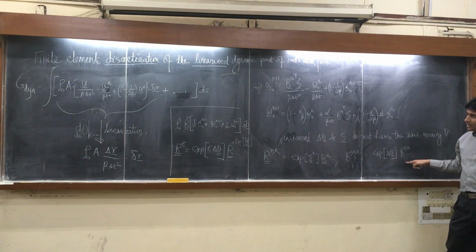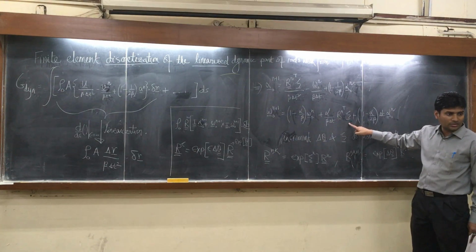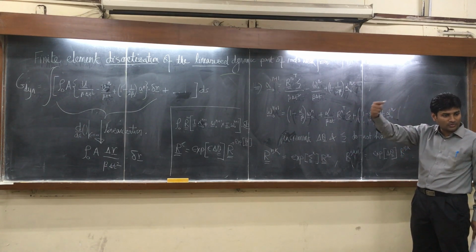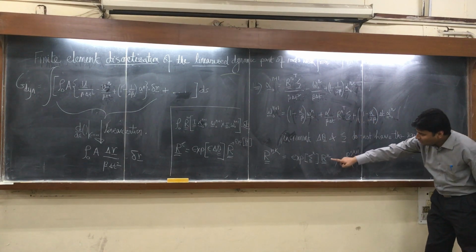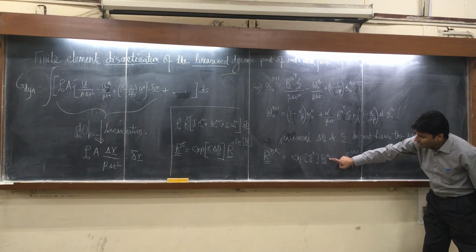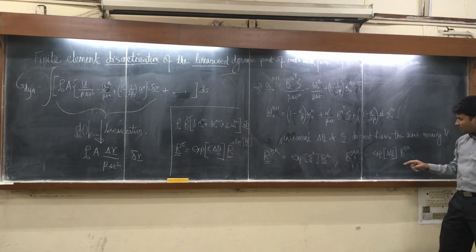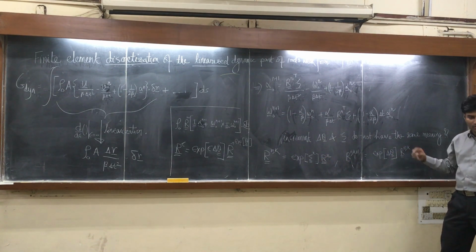Whereas this zeta that you see here is the increment from the previous time step to the next time step. So this zeta is always from Rn, whereas this delta theta is from Rn comma k.